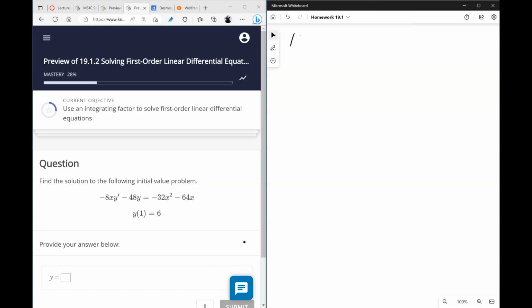Next question is 16. We have another initial value problem, and this time I'm not going to forget that it is an initial value problem. So the first step is to write it in standard form. So let's go ahead and divide everything by negative 8x.